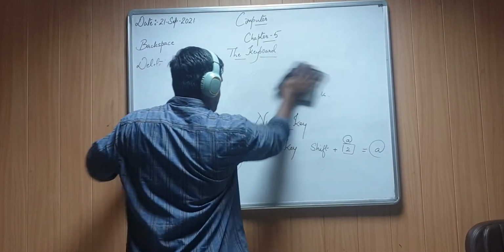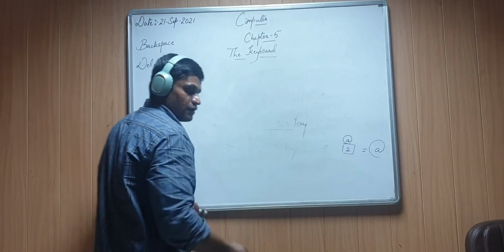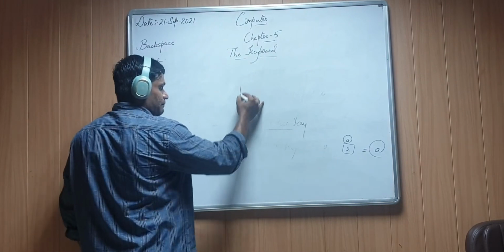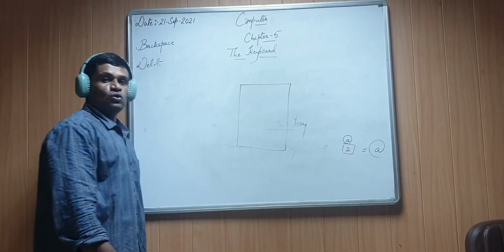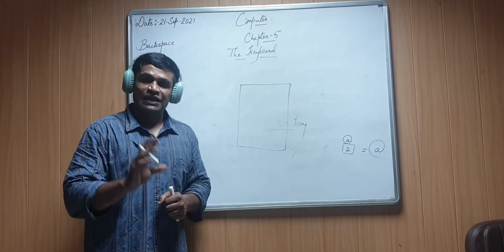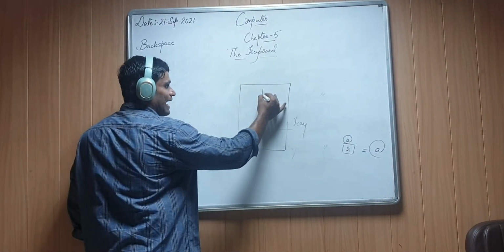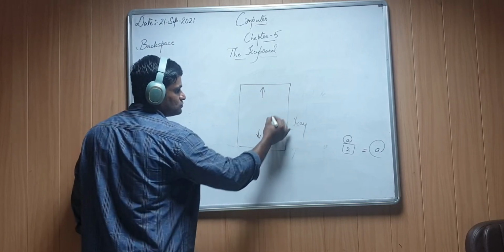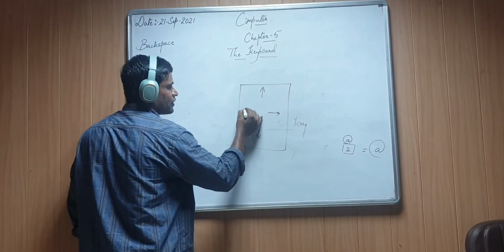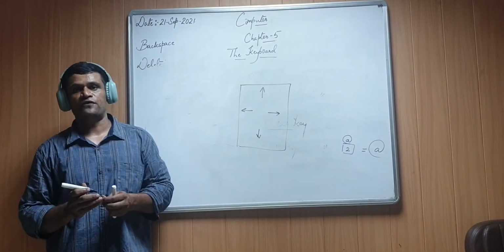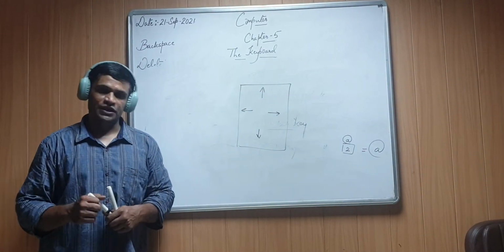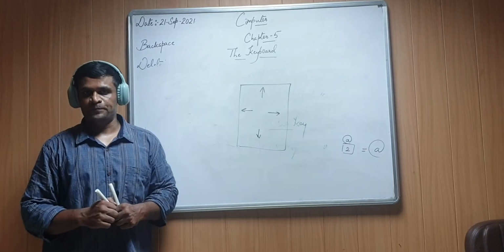So let's say we have a page. The arrow keys will help the cursor to go up, down, left और right as per your requirement. आपके कर्सर को up, down, left, right करने के लिए हम arrow key का use करते हैं.